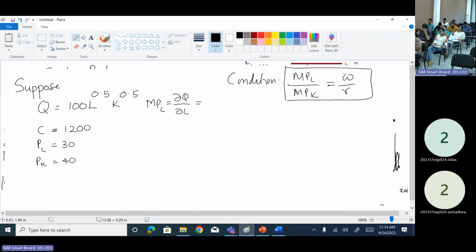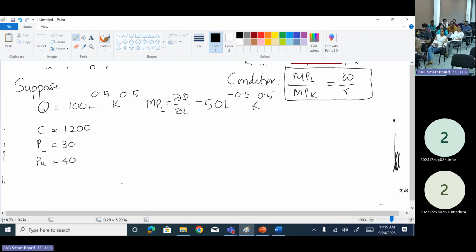So how much? 0.5 into 100, half of 100 means 50. So 50 L to the power minus 0.5, because you have to deduct 1 from 0.5, and K is given as it is. Now you know the index numbers from business mathematics.